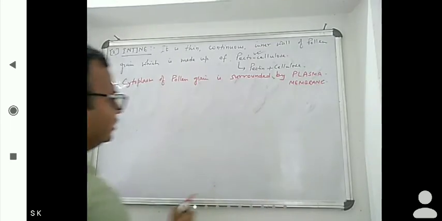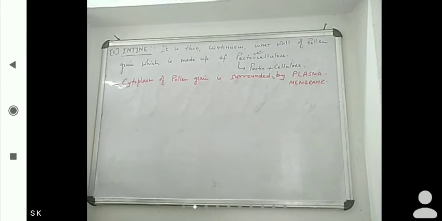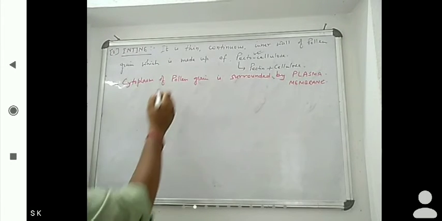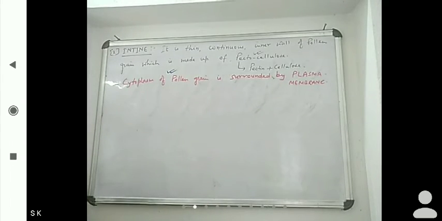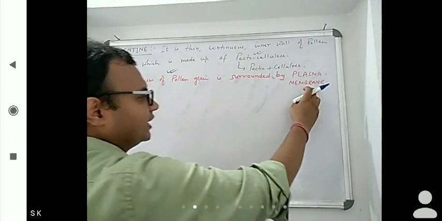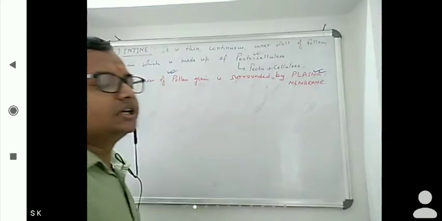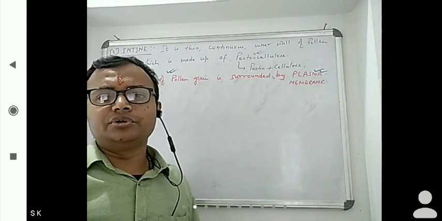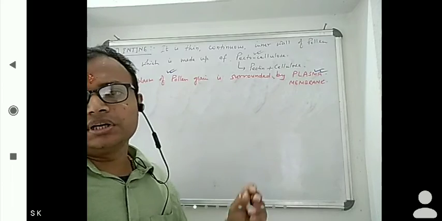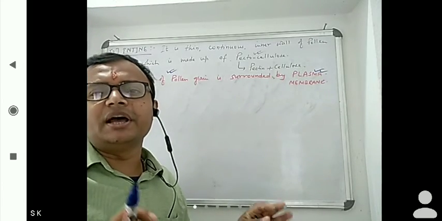This you have to remember. This is a frequently asked question: cytoplasm of pollen grain is surrounded by what? Plasma membrane.